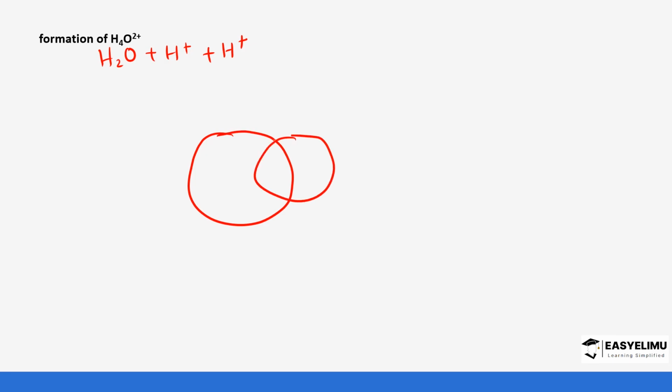Let's do one final question. So this one now is formed by reaction of a water molecule with a hydrogen ion and another hydrogen ion. So if we draw the water molecule as we had drawn before in the previous lesson, this is how the water molecule looks like.